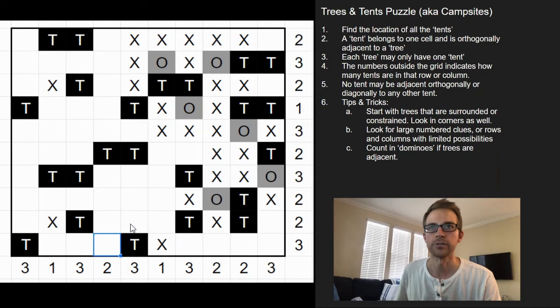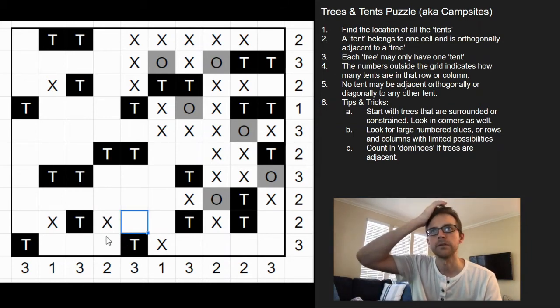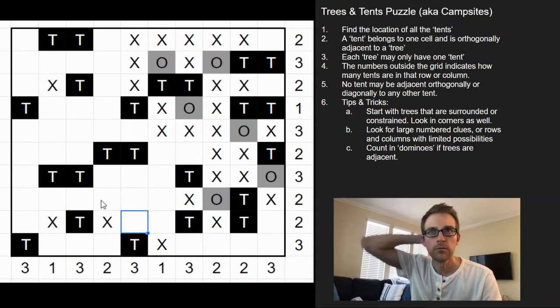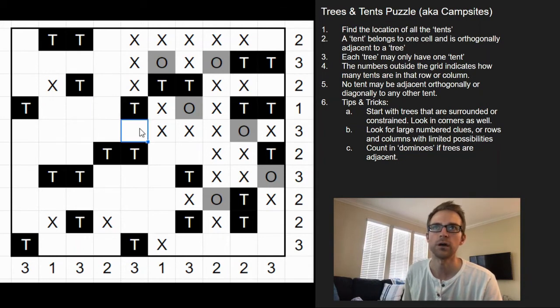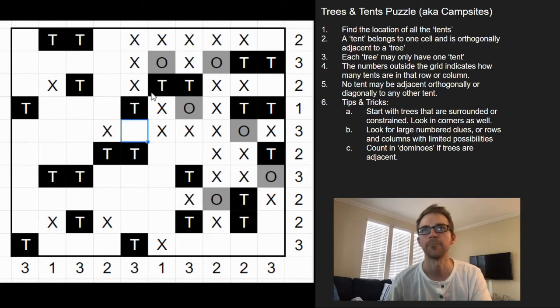And that forces this tree here to have a tent either there or there. So either way, that is going to be X'd out. Not sure if that helped us a ton, but we could do it here as well. So anytime you have two out of the four options available next to each other like this, you can automatically X out the diagonal one.